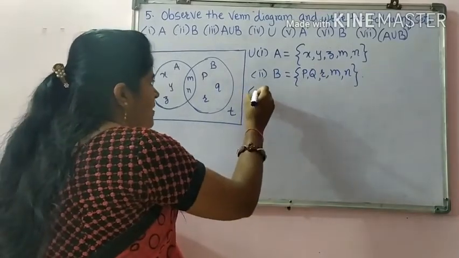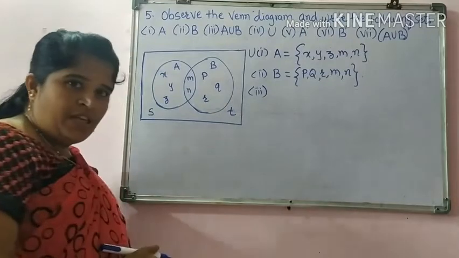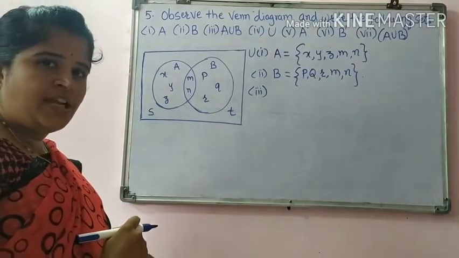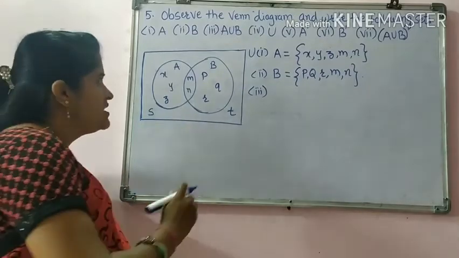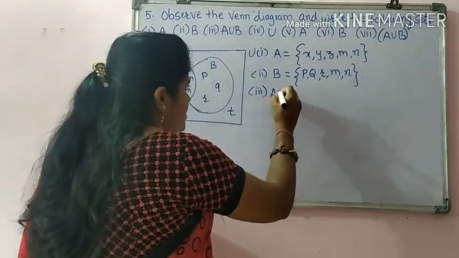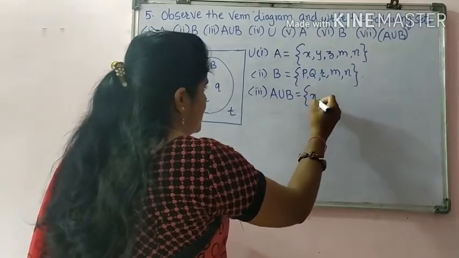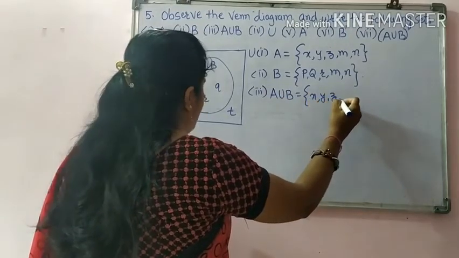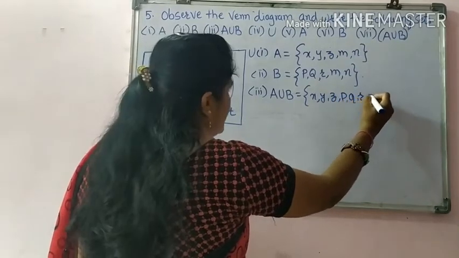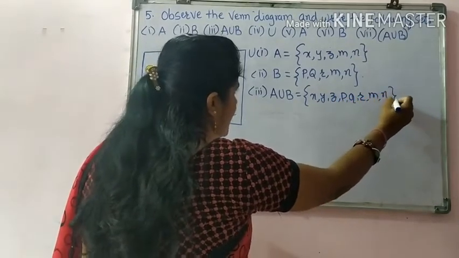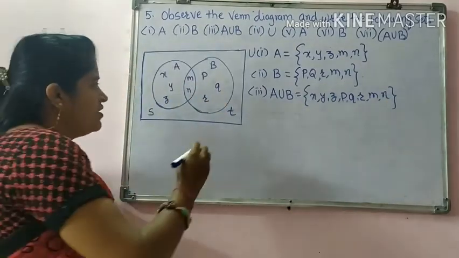Now the third one is A union B. In the union of set A and set B, there will be all the elements from both the sets. So A union B is equal to, in curly brackets, X, Y, Z, P, Q, R, M and N. Next one is the universal set.